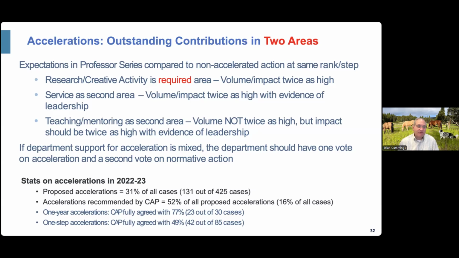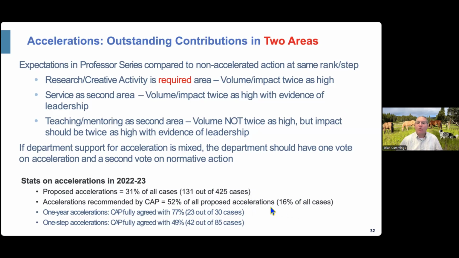Just to give you an example, from 2023, 31% of cases requested an acceleration, and CAP accepted essentially half of those, or 16% of cases indeed got an acceleration. It's different for a 1 year and a 1 step acceleration.